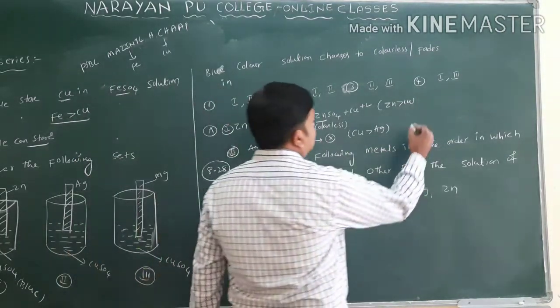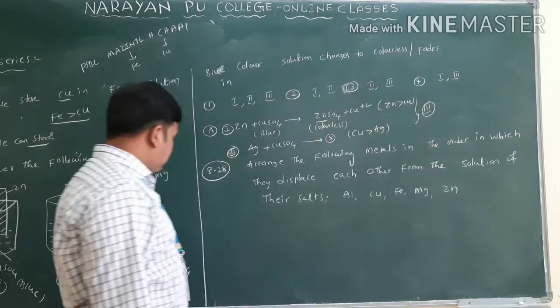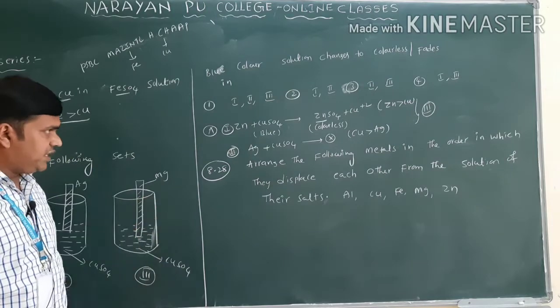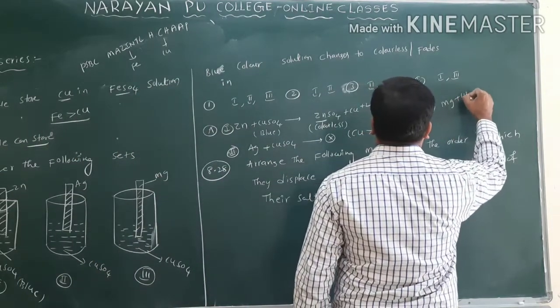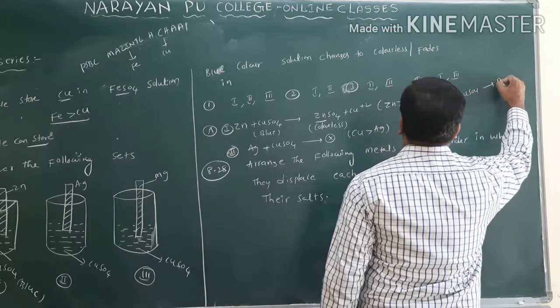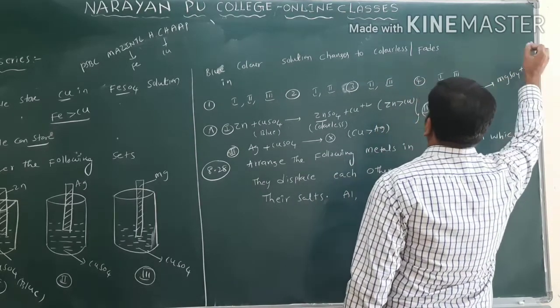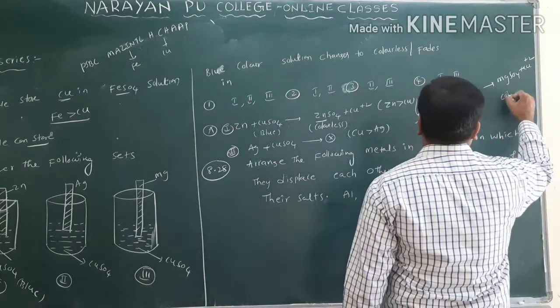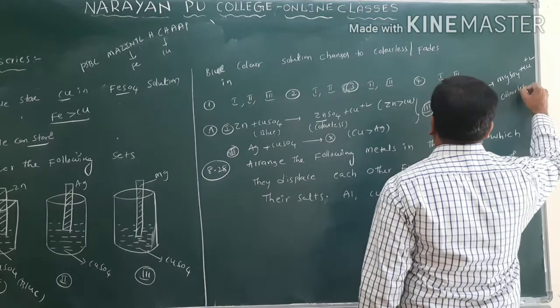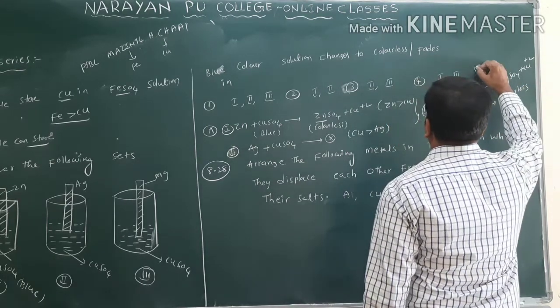Come to the third beaker. In the third beaker we have magnesium and copper sulfate. Then what will happen here? It will form magnesium sulfate plus Cu2+ ions. So the blue color changes to colorless only. Why?